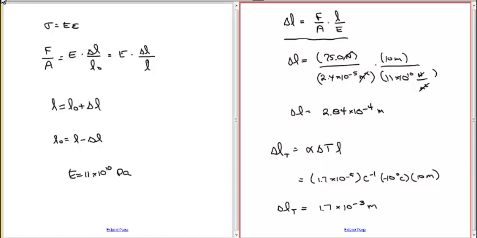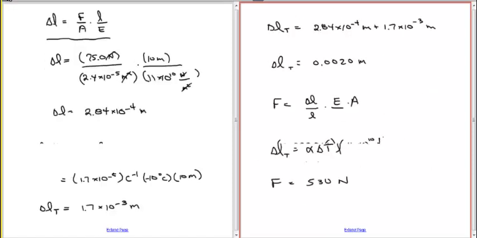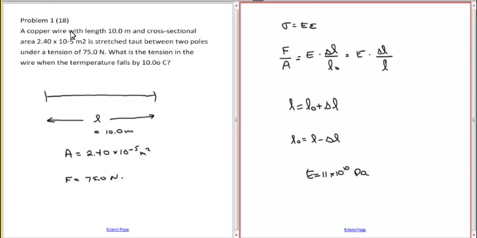So let's explain what we just did. We had a copper wire that was initially 10 meters in length, stretched with a cross-sectional area and a tension. I used this relationship to find out what the delta L would be, and I assumed that delta L was much smaller than L, so instead of using the initial length, I could use the stretched length.